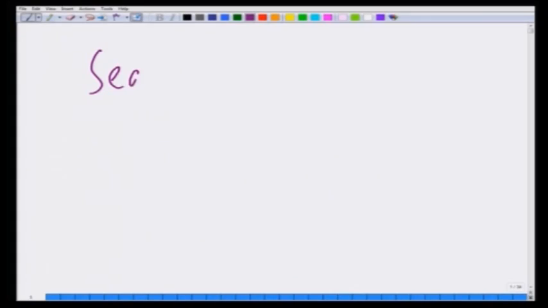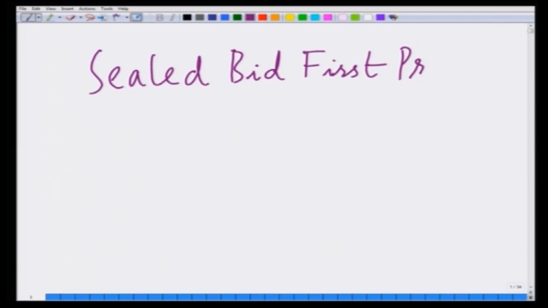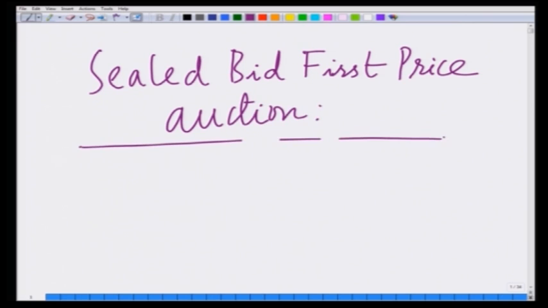So, let us begin our discussion on auctions by looking at a sealed bid first price auction.